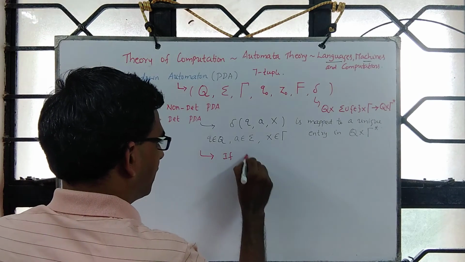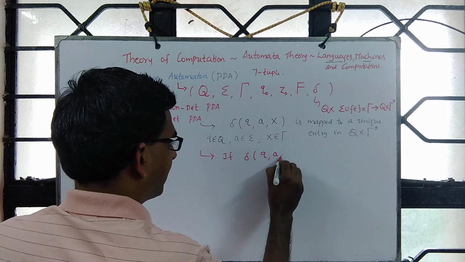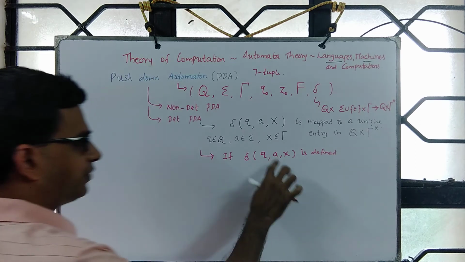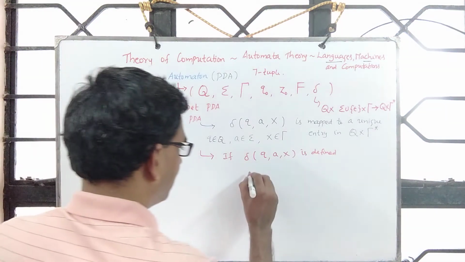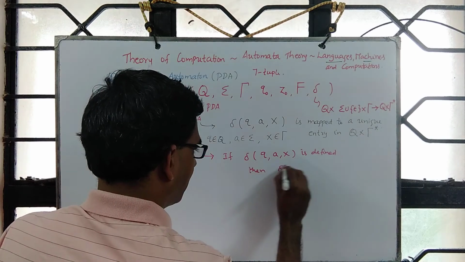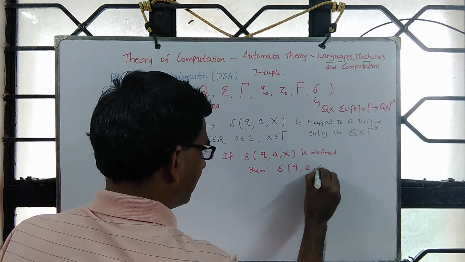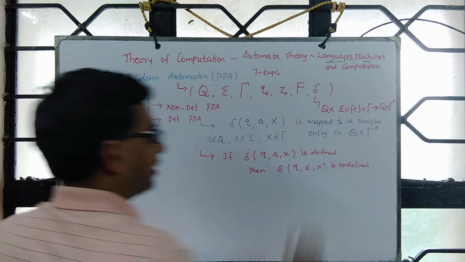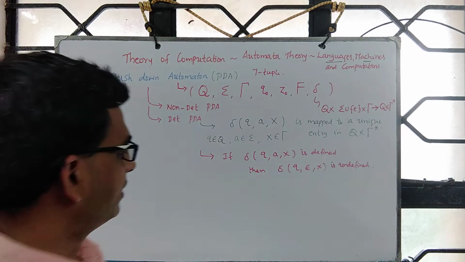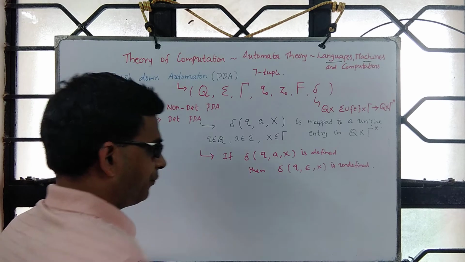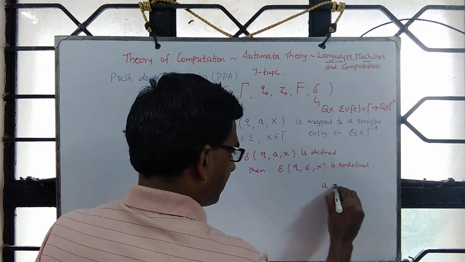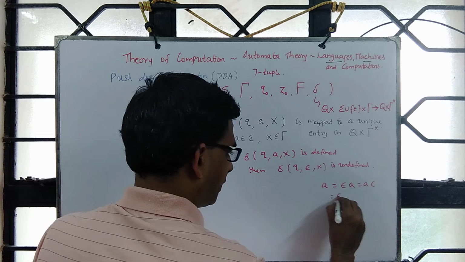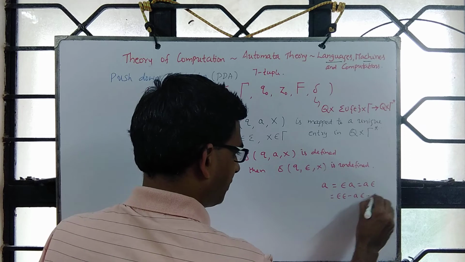And in addition to that, if delta of Q comma A comma X is defined for some Q, for some A and for some X, then delta of Q comma epsilon comma X is undefined. Correct? The reason is the following. A can be interpreted as epsilon A or A epsilon. Not just that, you can have any number of epsilon followed by A followed by any number of epsilon.